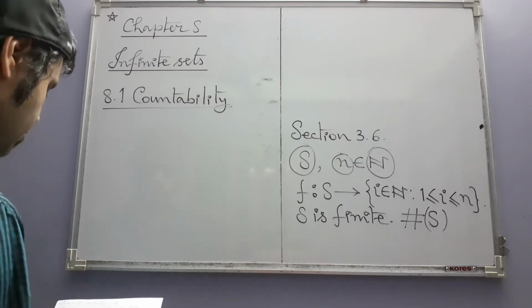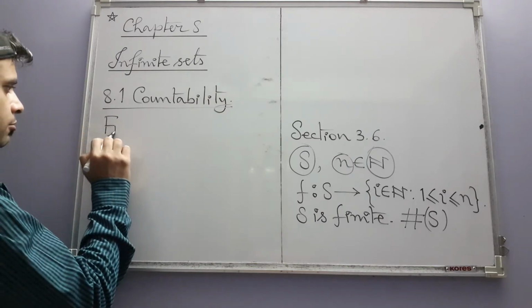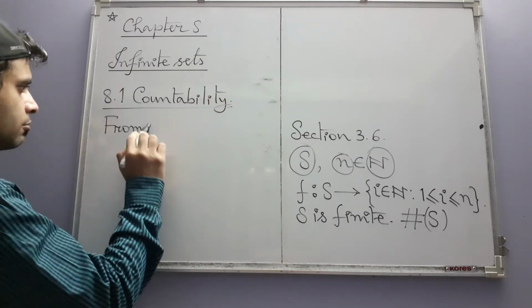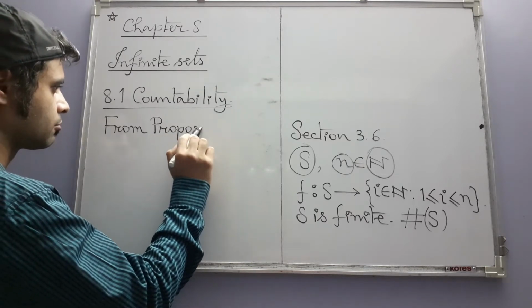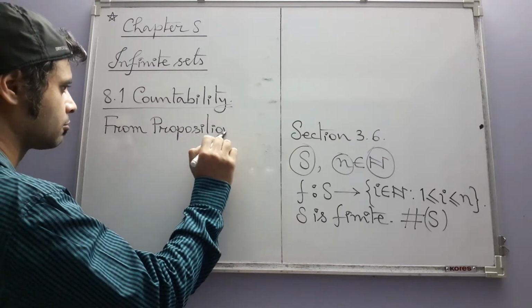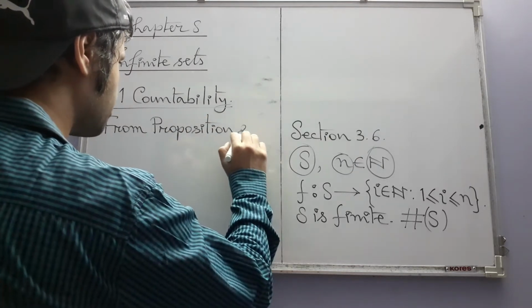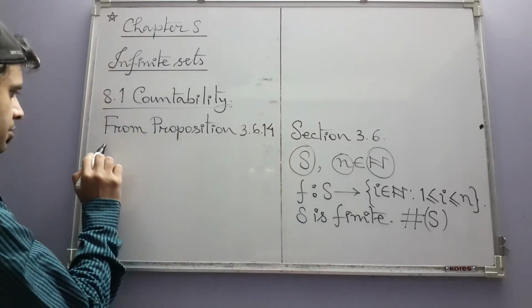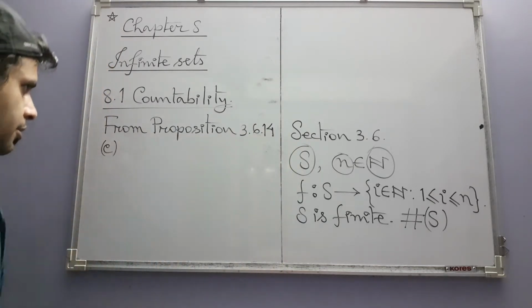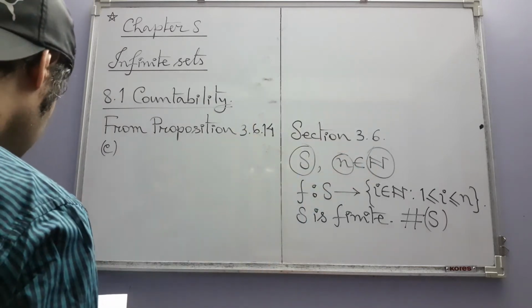It starts off like this: from proposition 3.6.14 part C, that means part C of this proposition. This is again coming from the section on finite sets.